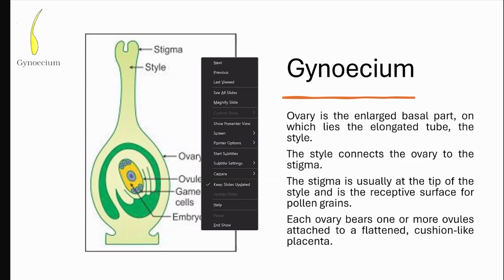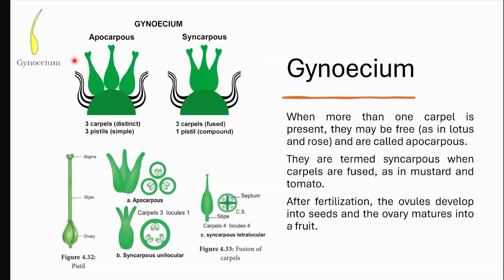So again, there would be different kinds of carpels, depending on how they are in number and whether they are fused or separate. When more than one carpel is present, they may be free, as in the case of lotus and rose. There are multiple carpels and they are free of one another.